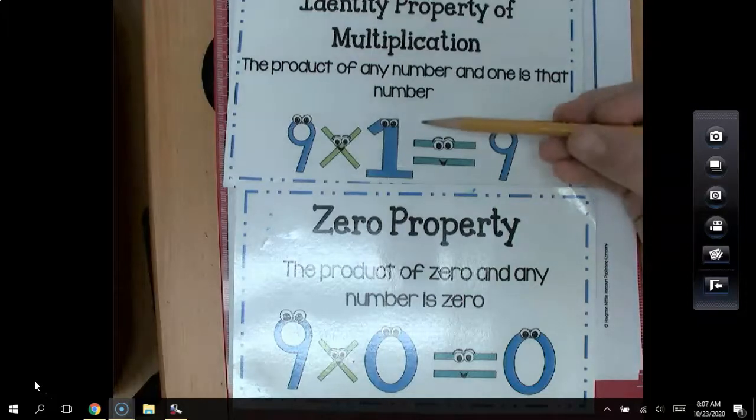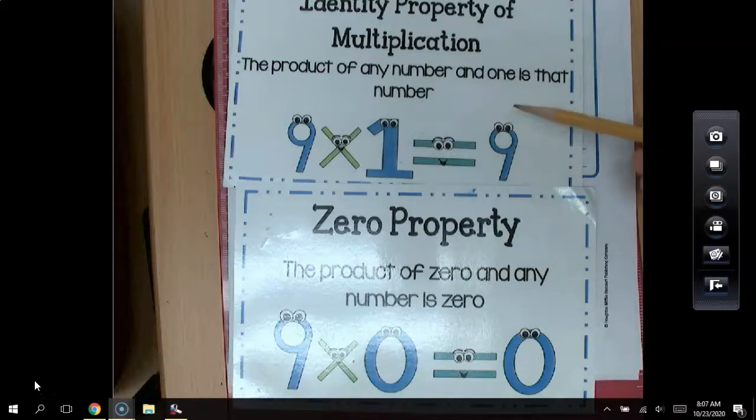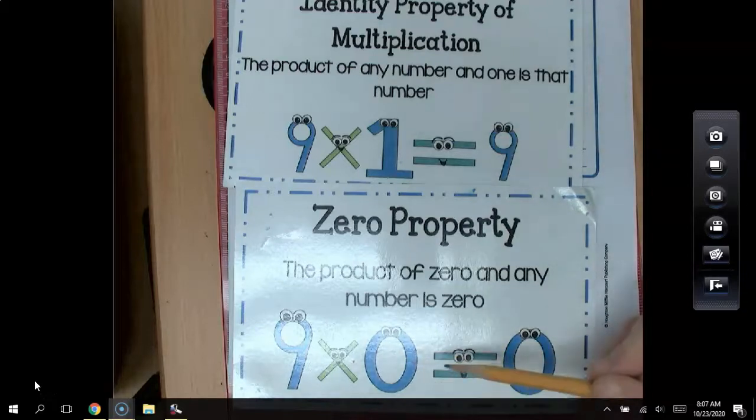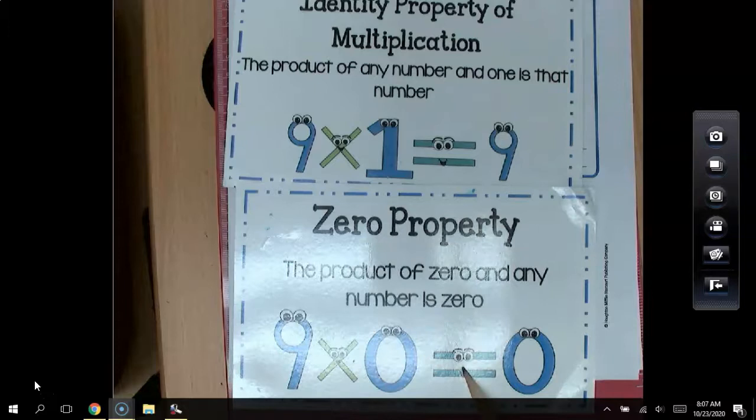Remember how 1 always loses? Guess what? 0 always wins. 0 always wins. Any number times 0 is always 0. So 9 times 0 equals 0 because 0 always wins.